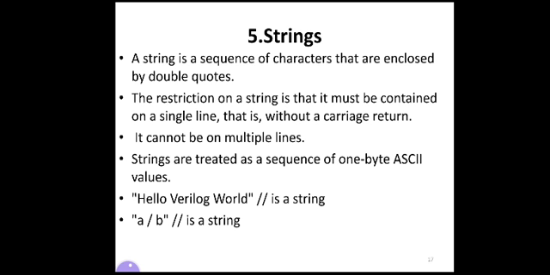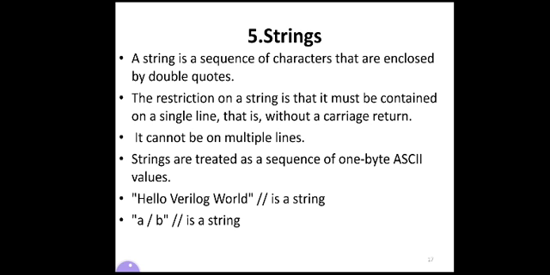All the characters within the string, that is, HELLO, space, verilog, space, world, each character becomes a 1-byte ASCII value. Each character is replaced with its unique ASCII value when it is compiled.